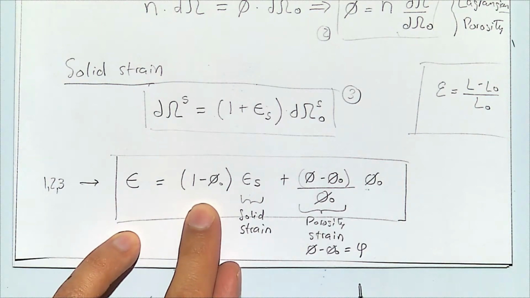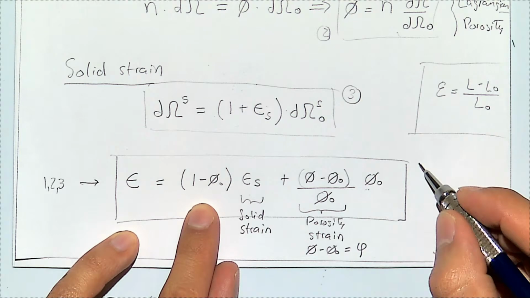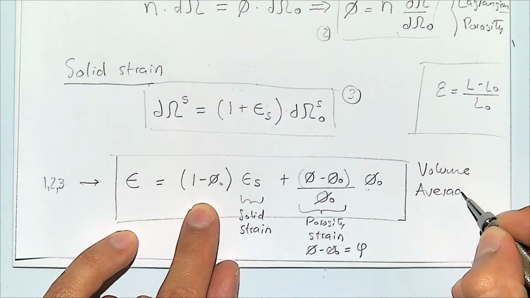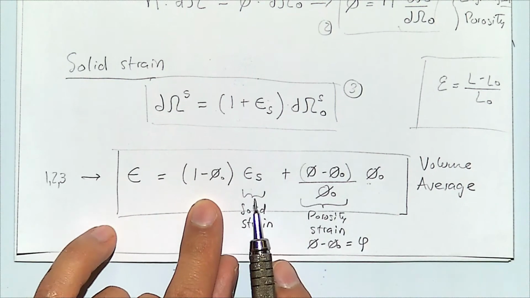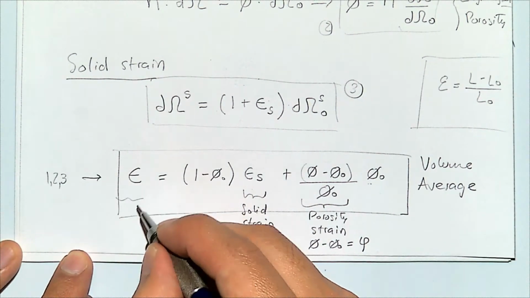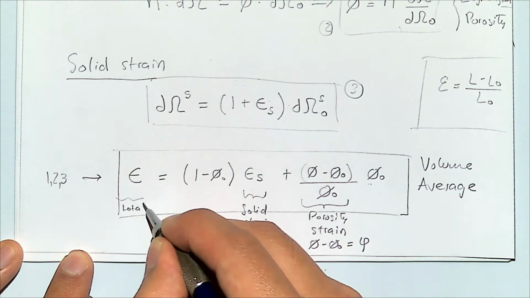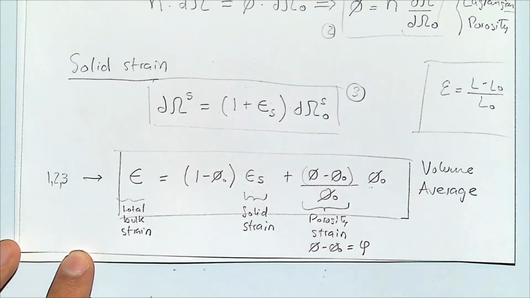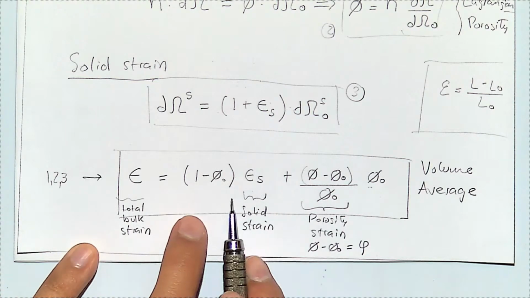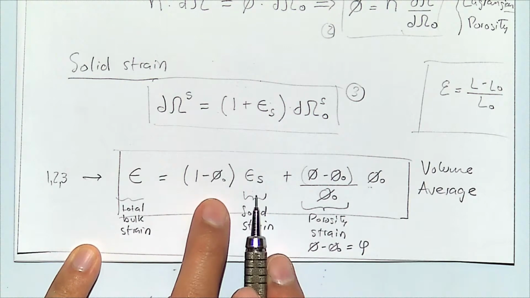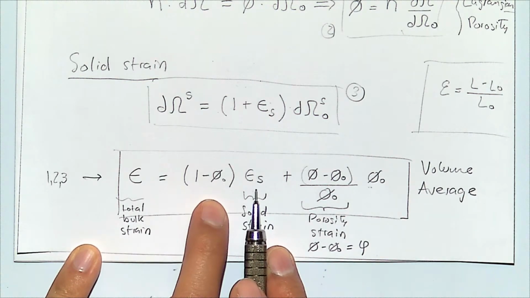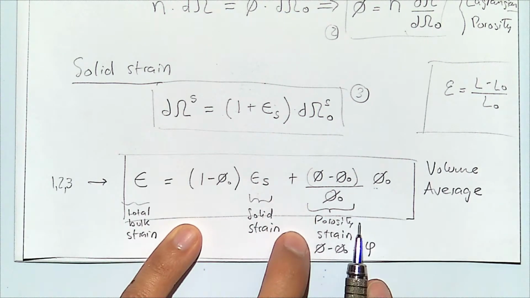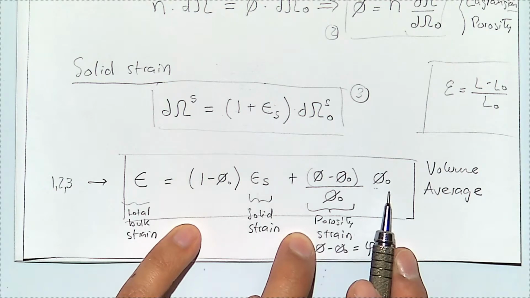And look at this. This is also a volume average, a simple volume average. It tells you that the total bulk strain, volumetric, is a volume average of the solid strain, because this is 1 minus porosity, plus the porosity strain times the porosity.